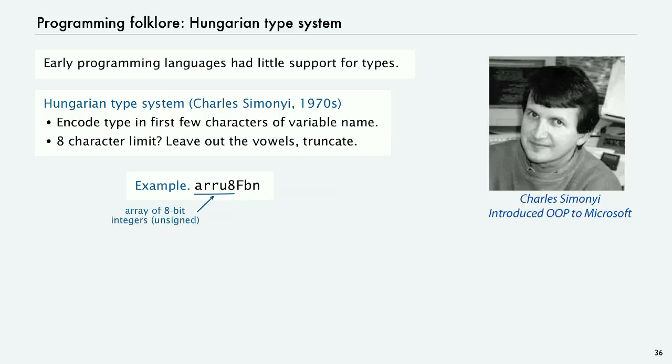And so that's an array of 8-bit integers that are unsigned, and the variable name is short for Fibonacci. And to Charles, it was much more important to know the type than to have a clue of what the variable name was. And he and teams of programmers that worked with him wrote huge programs based on this system.